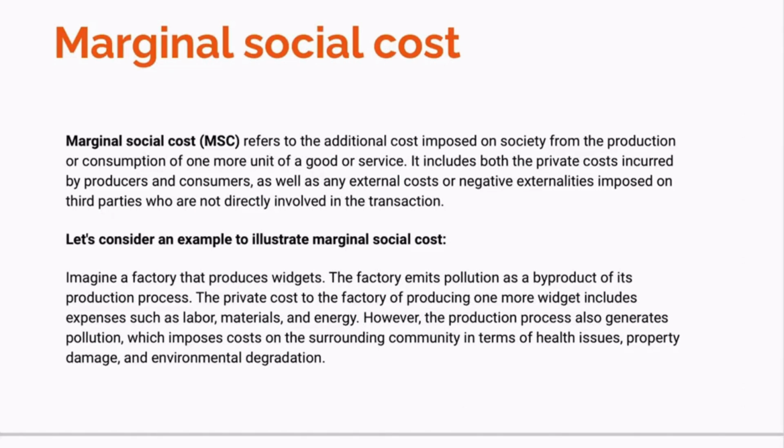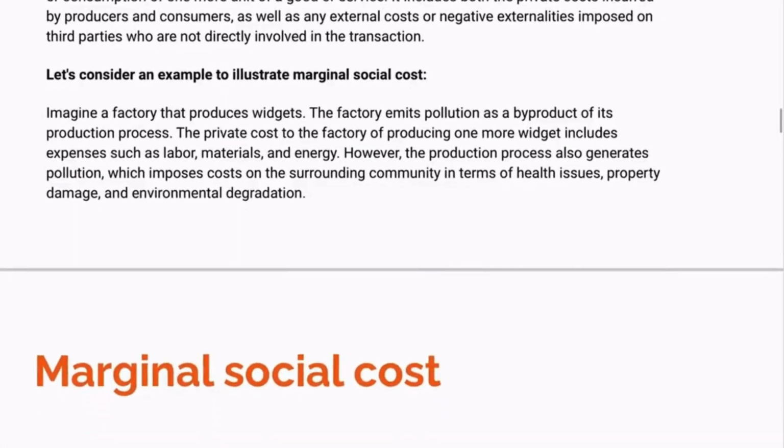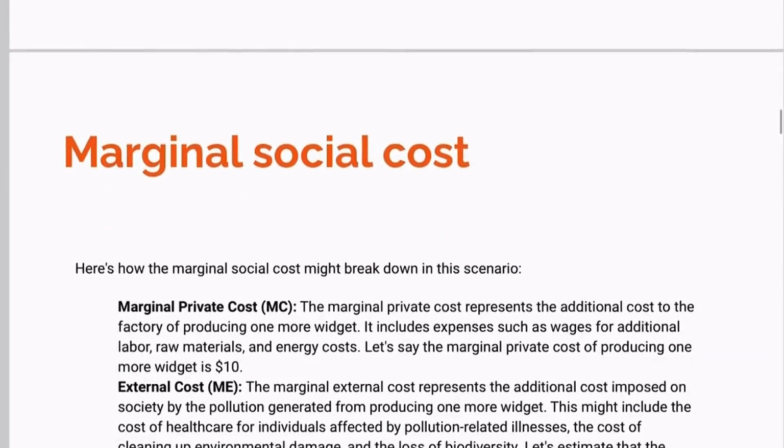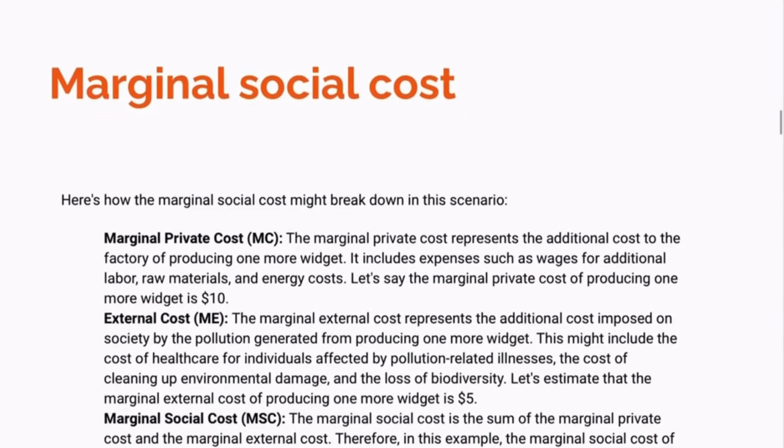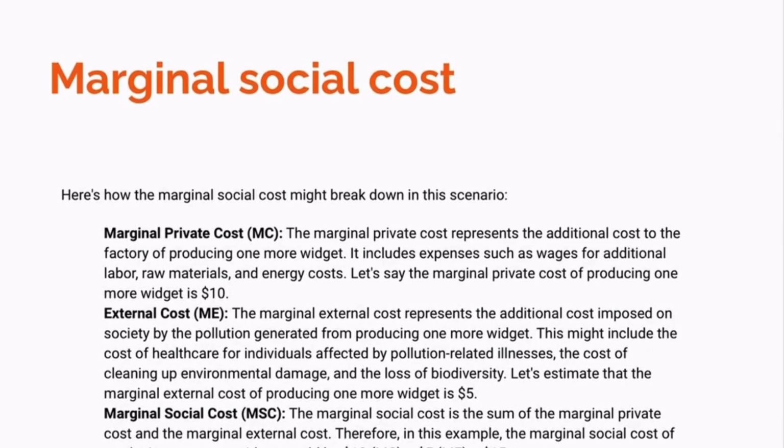However, the production process would also generate some pollution, which might impact the surrounding community in terms of health, or some other form of environmental degradation, right? So that, if you have to consider, then we need to call it an external cost.